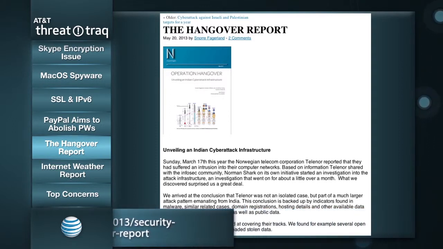The report that they put up, which they call the Hangover Report, Hangover or Hanover being names that they give to the malware, is actually a fascinating read. The summary in the blog post goes over some of the details of how they tracked this back.